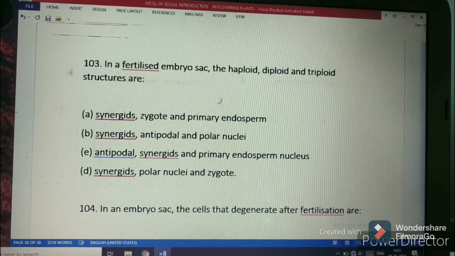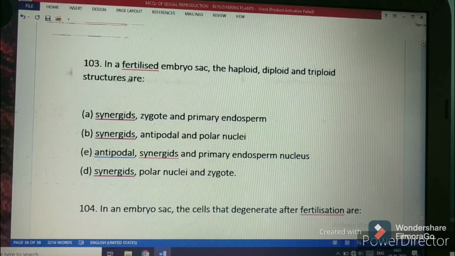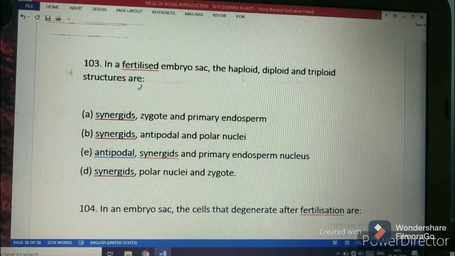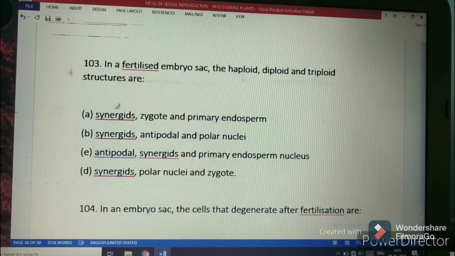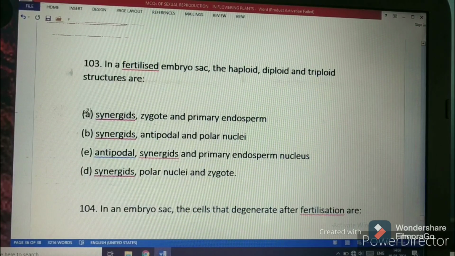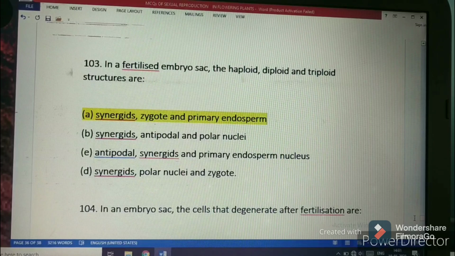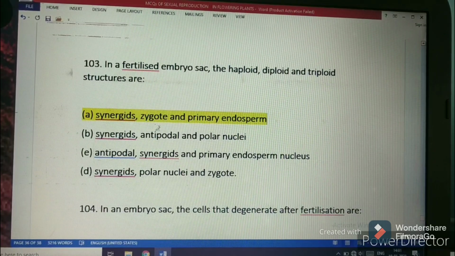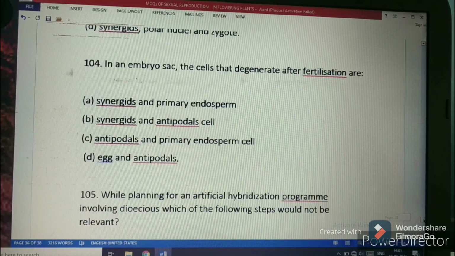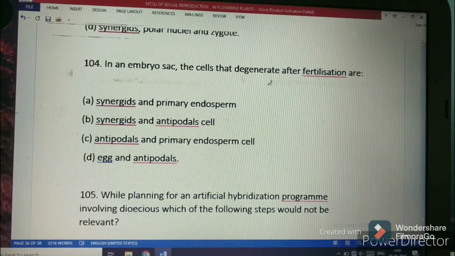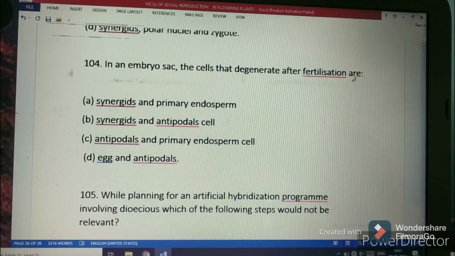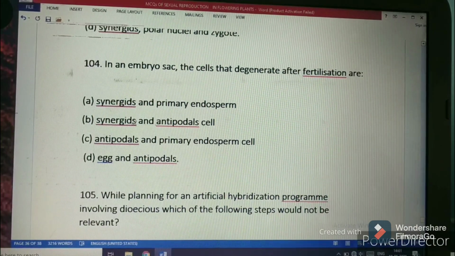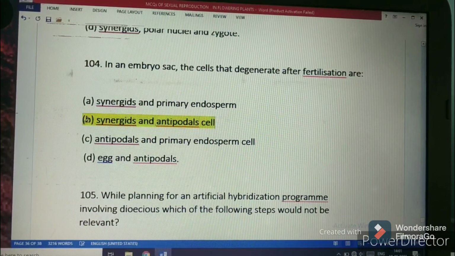In a fertilized embryo sac, the haploid, diploid, and triploid structures are synergid, zygote, and primary endosperm nucleus. In an embryo sac, the cells that degenerate after fertilization are synergids and antipodal cells.